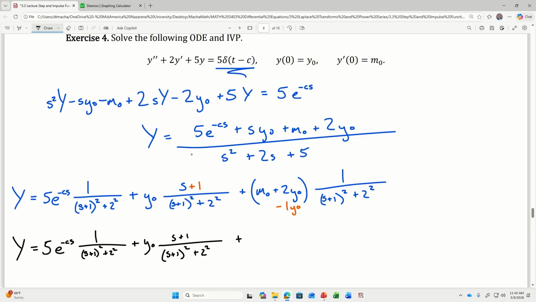And this is going to be m0 plus y0 times the 1 over s plus 1 squared plus 2 squared.